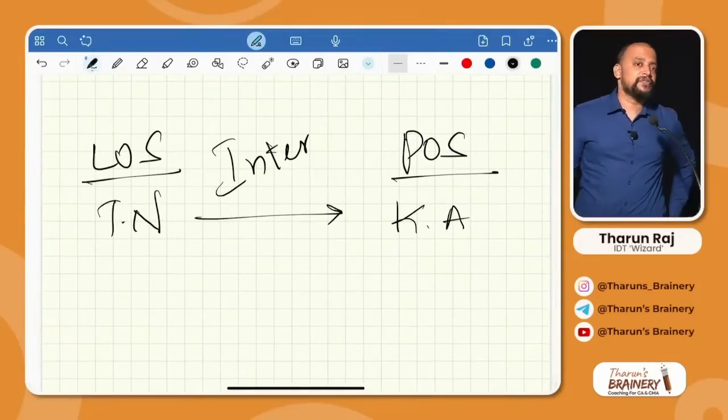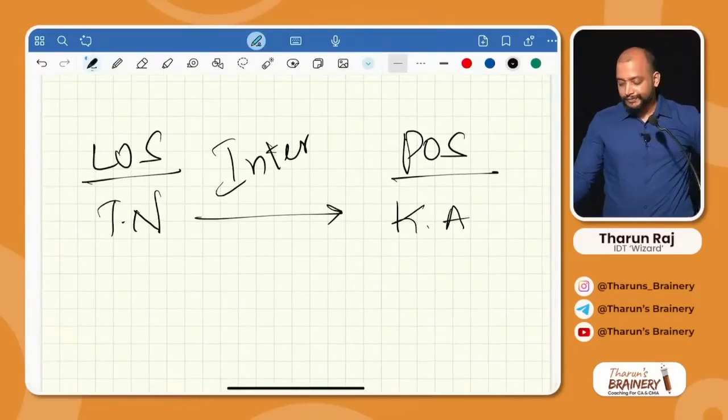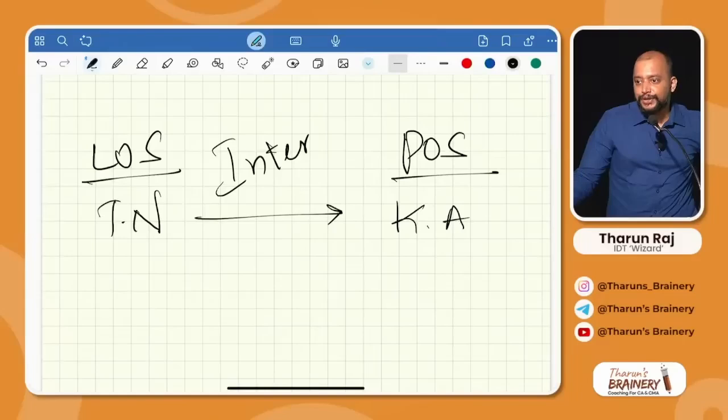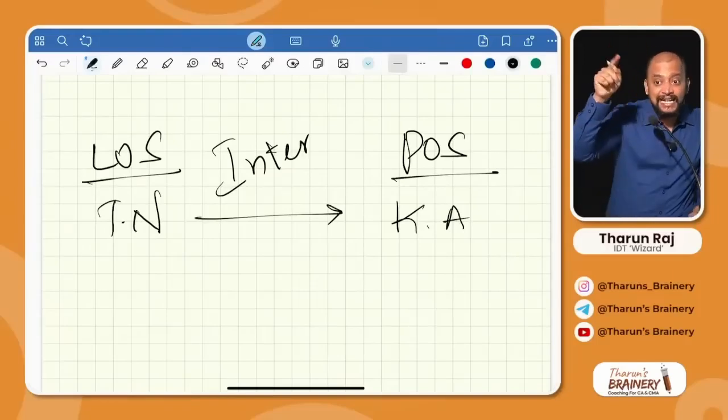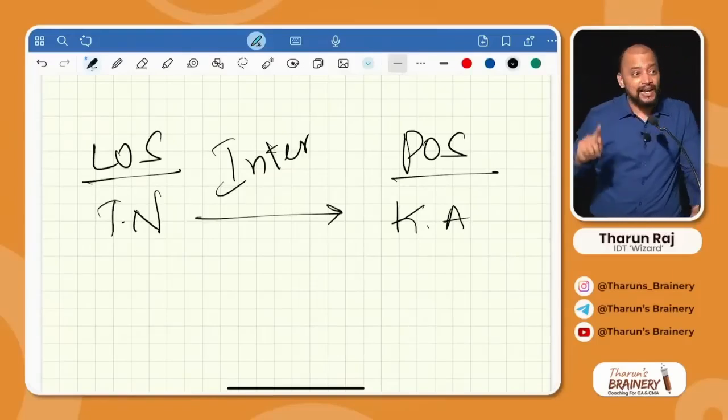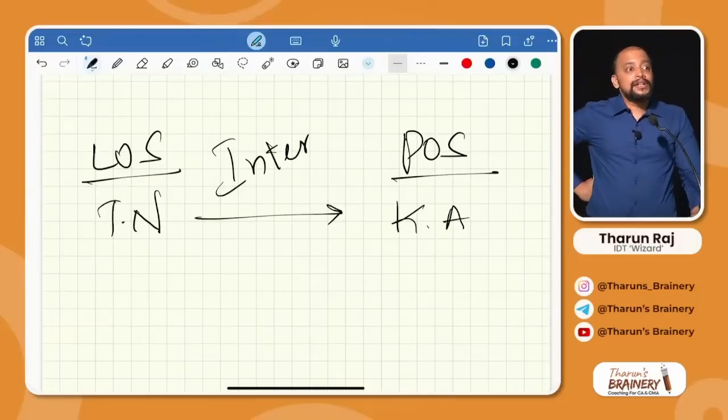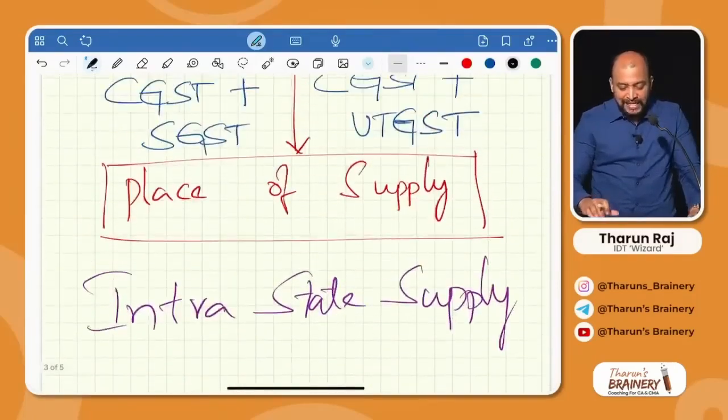Before 1/7/2017, what is the effective date of implementation of GST? 1/7/2017. Before 1/7/2017, what was the tax in this case? CST, Central Sales Tax. That Central Sales Tax was going to the state government. I told you that just now.